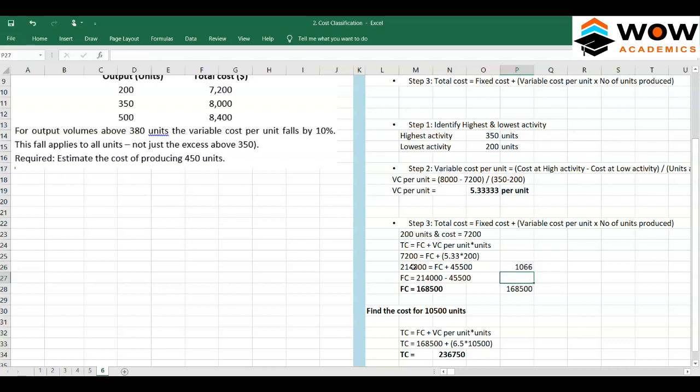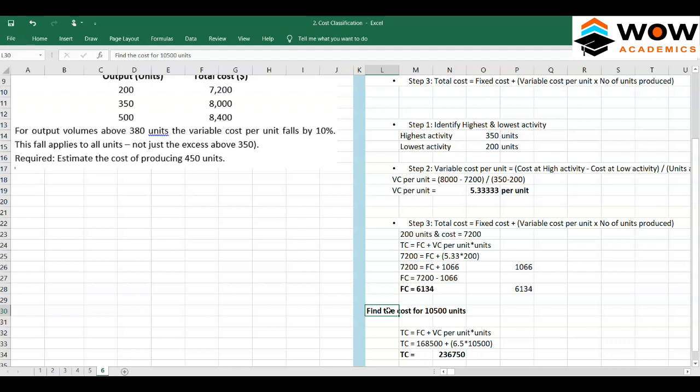That comes to 1066. Okay, so we'll solve this and we'll get the fixed cost. So our fixed cost is 6134. Done.